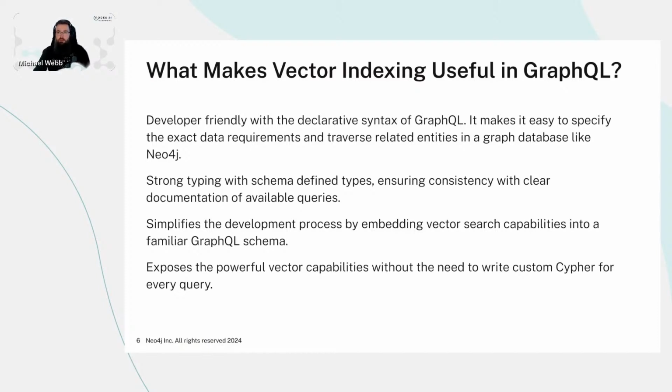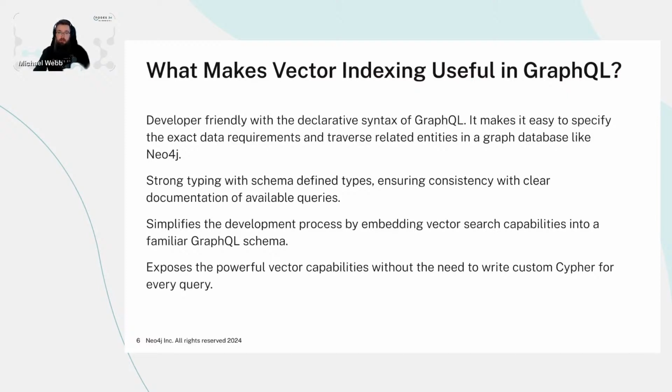So what makes it useful in GraphQL specifically? Well, GraphQL is very developer friendly, has a declarative syntax, and it makes it easy to specify the exact data requirements from the client side. And especially with GraphQL and Neo4j, it's nice and easy to traverse related entities.